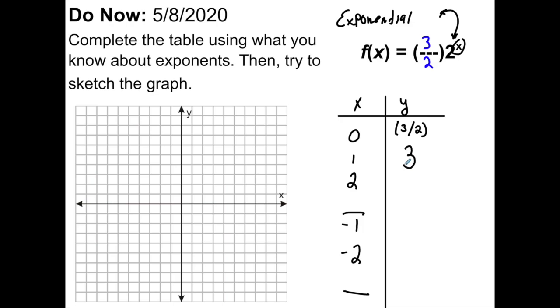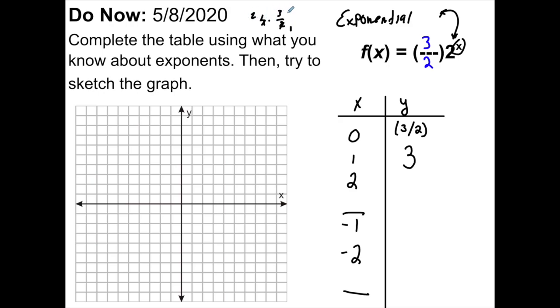You can actually think of this almost like a geometric sequence if you think about it. Watch. Because now when I plug in 2, I get 2 squared, right? 2 squared is 2 times 2, which is 4. Now, if I do 4 times 3 halves, the 4 will cancel, become a 2, right?